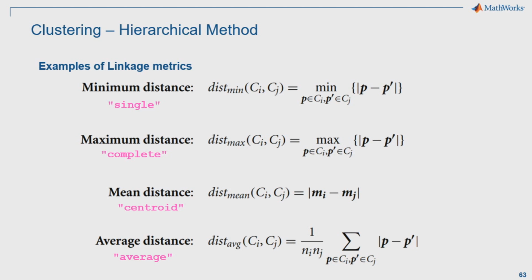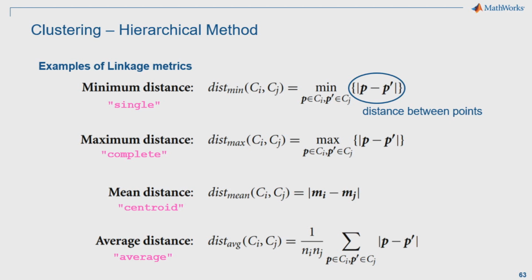These are examples of distance metrics for the distance between clusters, and in the example that I showed you in the previous slide, I used in particular a single linkage metric, as it is called in the literature. Again I want to remark that in computing the distance between clusters, of course, the distance between data points appears, but they are two different things.